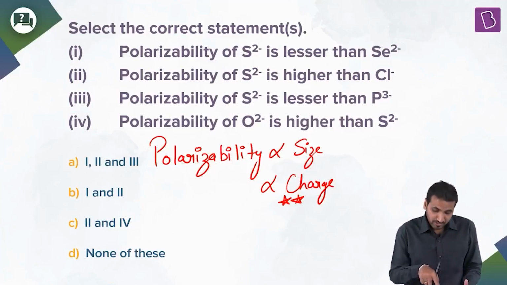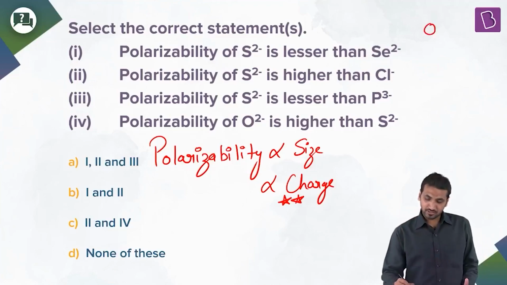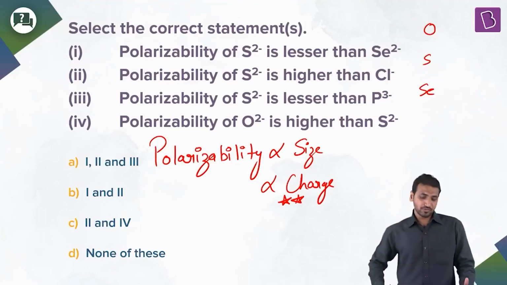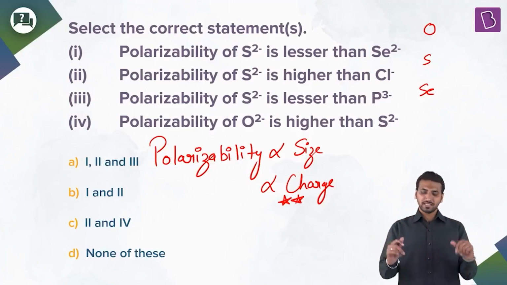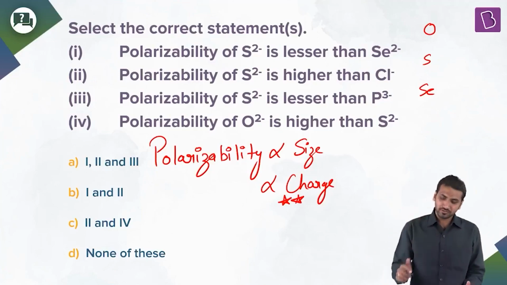You have polarizability of S2- is lesser than Se2-. Okay. See, you have oxygen, you have sulfur, you have selenium, right? This is where selenium is. So, if you observe, as you move down the group, size increases, right? The charge is the same, so we cannot compare on the basis of charge. We have to look at size.